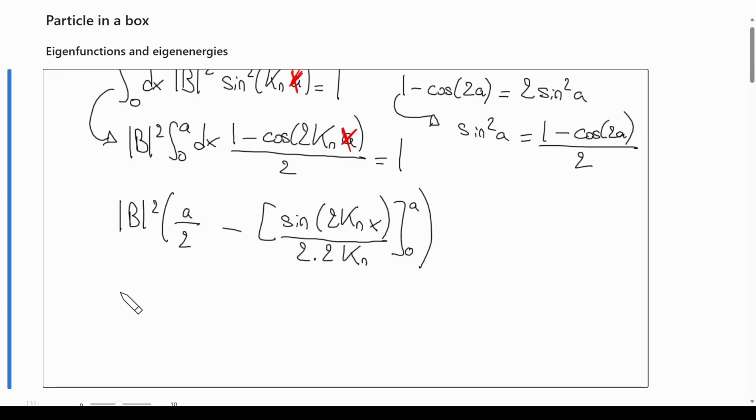And we know that sine of 2 kappa n a will be equal to 0, and sine of 0 will also be 0. So this term in fact is equal to 0.